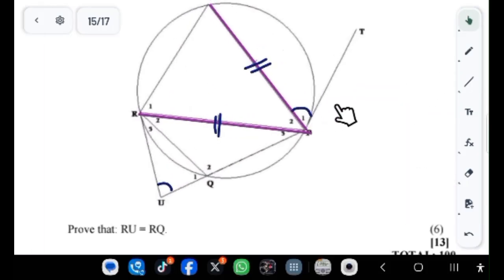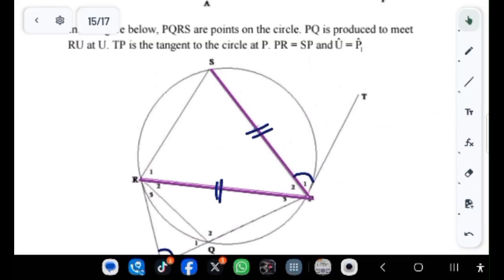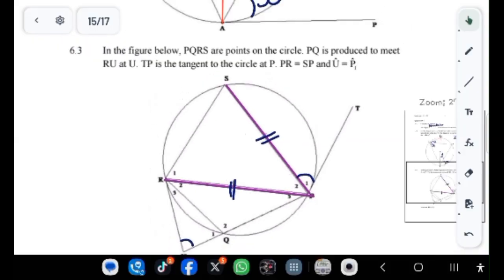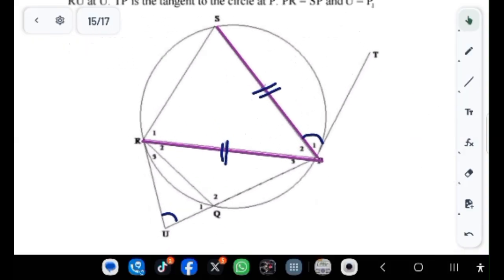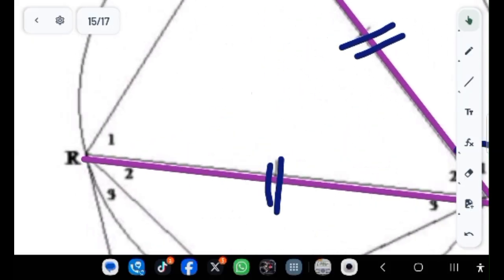We are told that angle P1 equals angle U. But angle P1 is also equal to angle R1, tan-chord theorem.